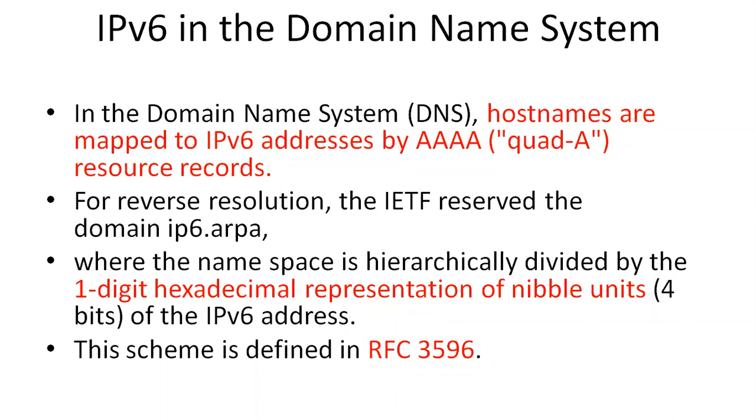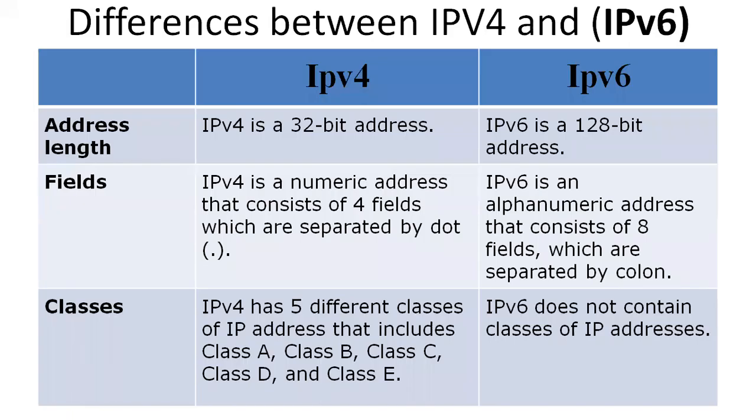For reverse resolution, IETF reserved the domain ip6.arpa, where the namespace is hierarchically divided by the one-digit hexadecimal number representation of a nibble unit, represented by RFC 3596. That is a representation of IP version 6.